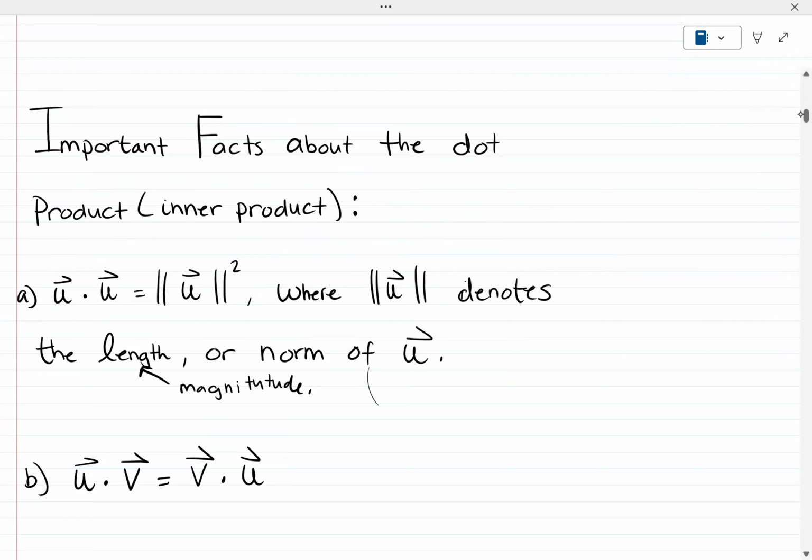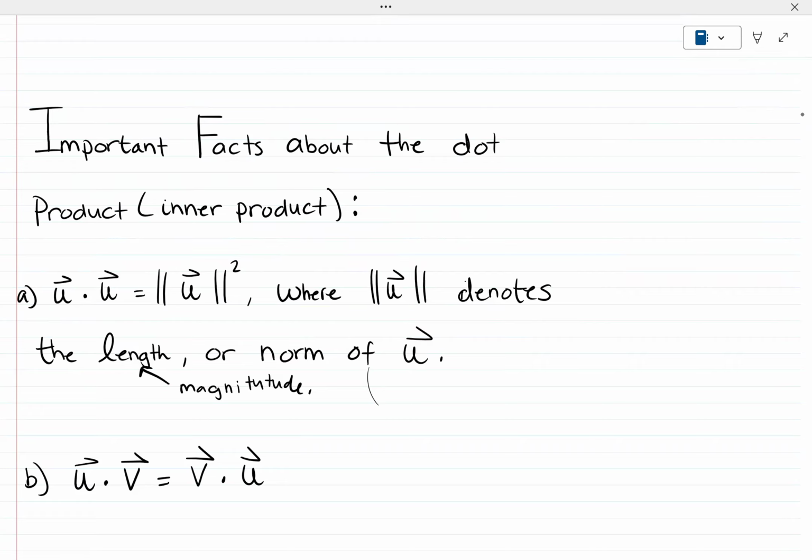Some important facts about the dot product, also known as the inner product. If you multiply a vector by itself, it's the same thing as the magnitude of that vector squared. For example, u times u is the magnitude of u squared, where the magnitude of u denotes the length or the norm of vector u.